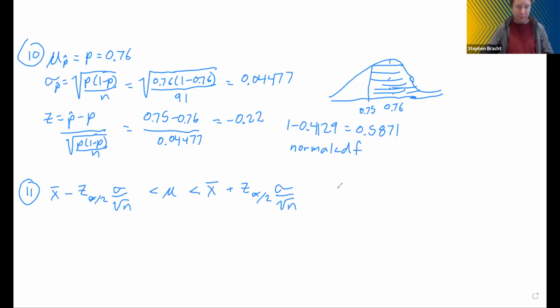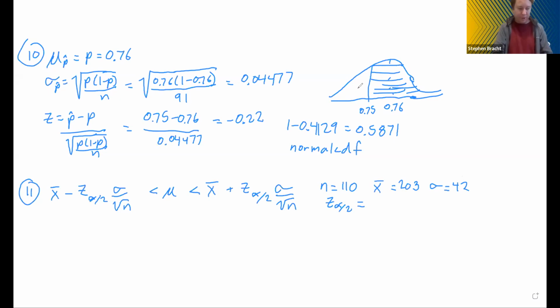So let's write down what we're given. The sample size is given. That was 110. The sample mean is given in the problem as 203. Sigma is given, and that is 42. Z alpha over 2 is the critical value, which is not directly given, but I can look it up.